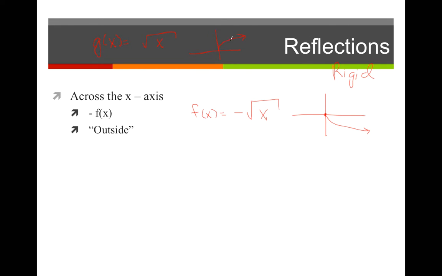It's going to flip all of my y values to the other side of the x-axis. So it makes all of my xy values x and the opposite of y. So it changes the sign of all of my y values on my function.